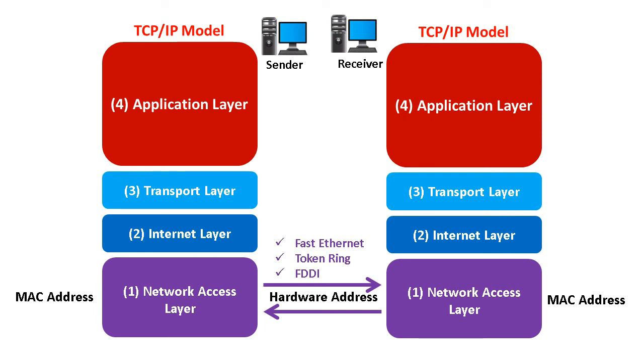Fast Ethernet, token ring, and Fiber Distributed Data Interface, in short FDDI, are other protocols at this layer. The PDU at this layer is called a frame, and normally the end devices within the same network are identified by the MAC address.